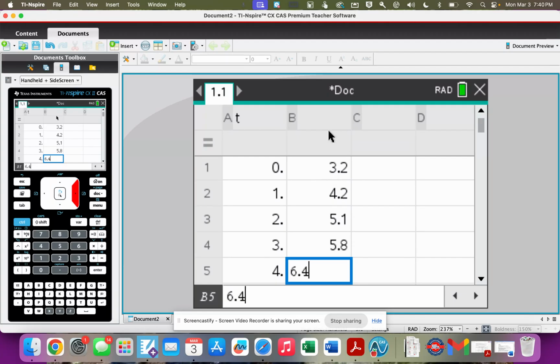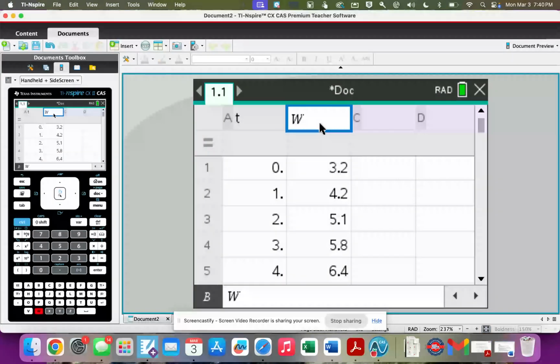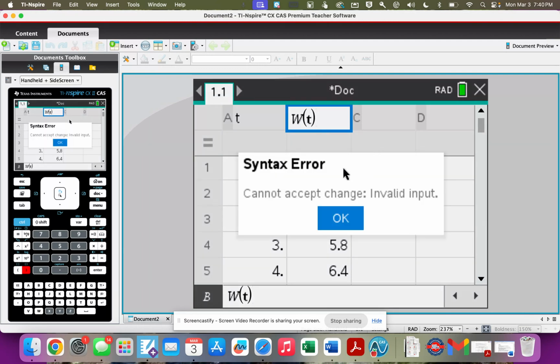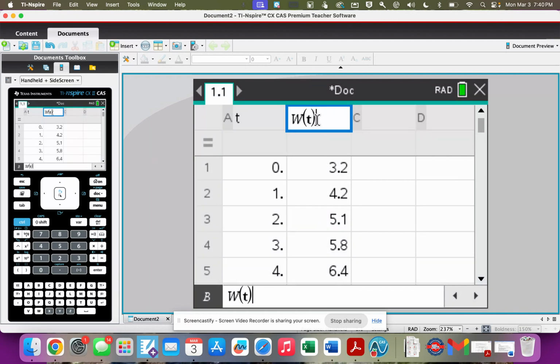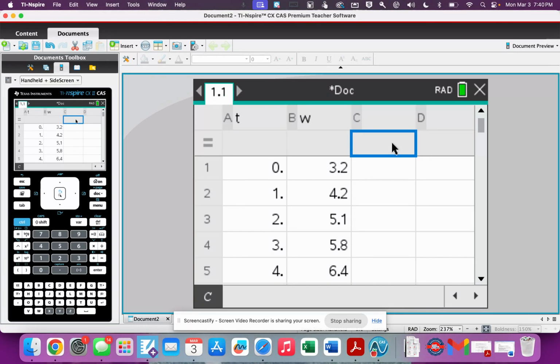Okay, and again, I can call this whatever I want. This thing calls it W of t, which is fine. You can name it whatever you want. Oh, apparently it doesn't like that one. All right, so I'm just going to call it W because it's comparing birth weight by age, I'm assuming, and it's age in months.